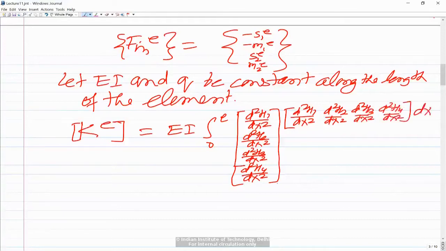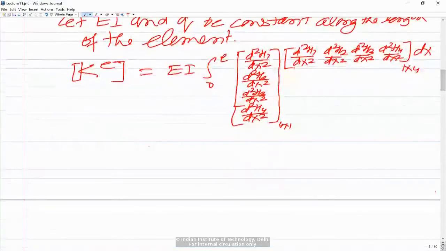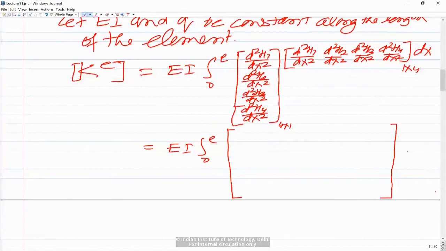And we already know this is 4 by 1 and this is 1 by 4. So the multiplication is a 4 by 4 matrix. And if you multiply this, you will get Ei integral 0 to L. And when you write it in this manner, that means the integration has to be performed for each element of the matrix.